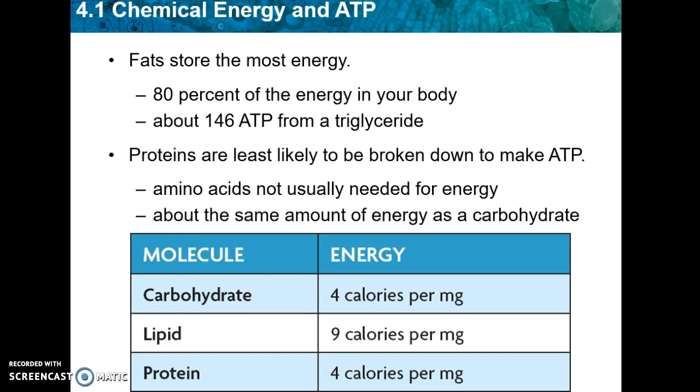The 3 here that we're talking about as far as being able to be used for energy: carbohydrates, you get 4 calories per milligram; lipids, which are 9 calories per milligram; or proteins, which are 4 calories per milligram. So as you can see, fats are over twice as caloric as carbohydrates or proteins. When we say calorie, we think of counting calories to be sure we don't gain weight or to help lose weight. But a calorie is really a unit of energy, and we'll talk more about that in class.